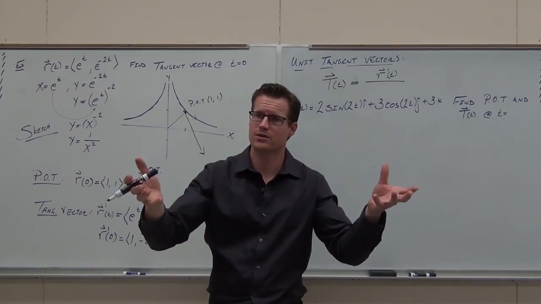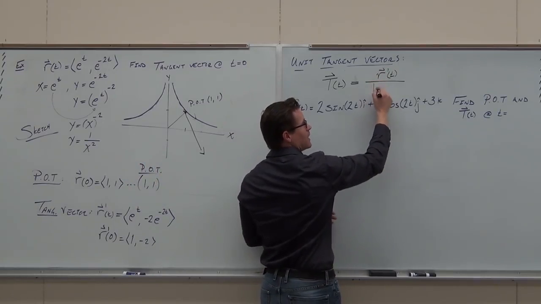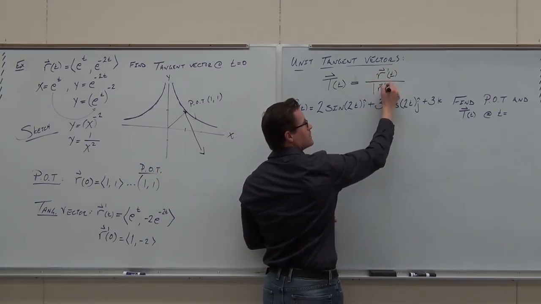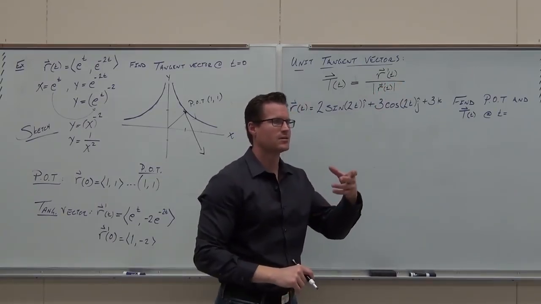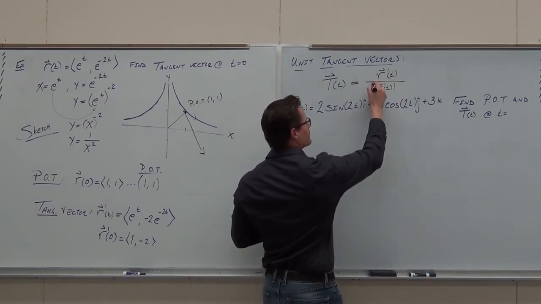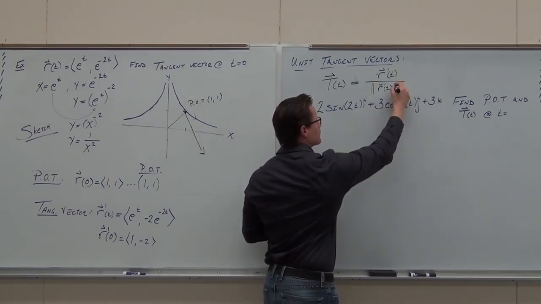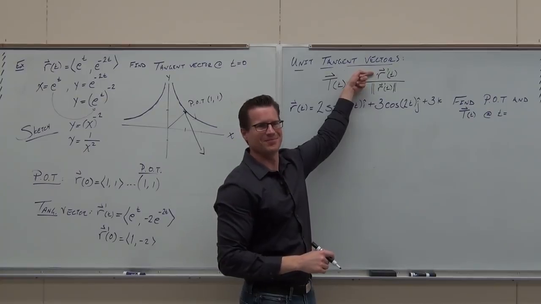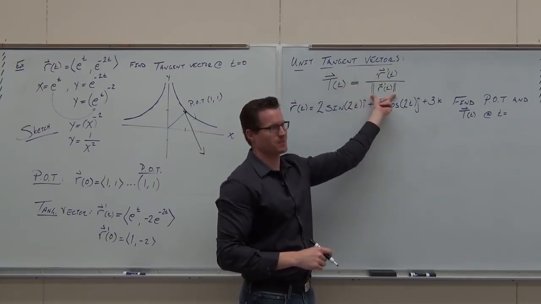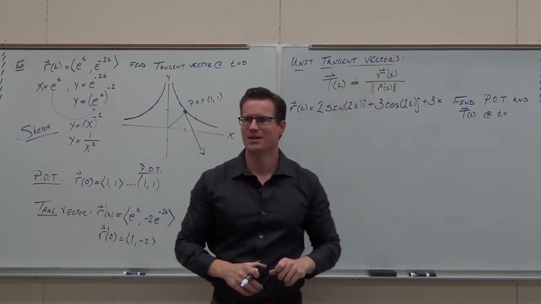So if we have a tangent vector and we divide by the magnitude of said tangent vector, we get a unit tangent vector. Going old notation on you guys, my bad. Tangent vector? Yep. Magnitude of tangent vector? Yep. Unit tangent vector. That's what we're talking about. You with me?